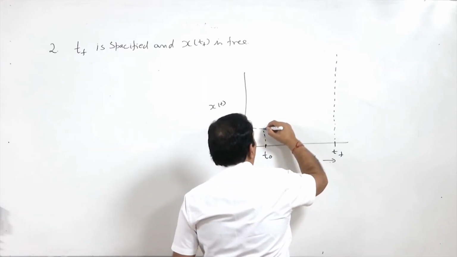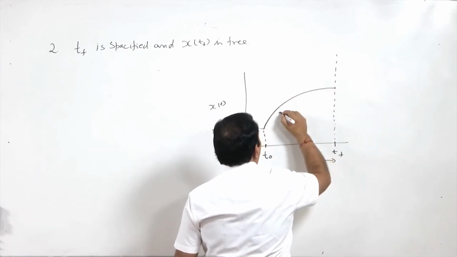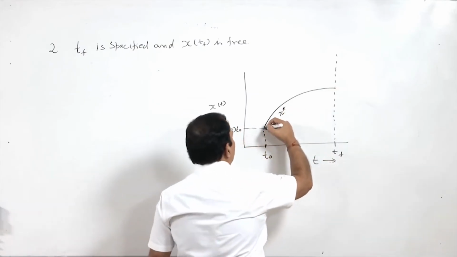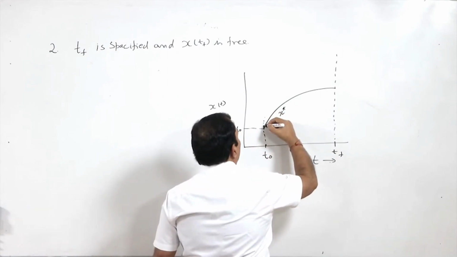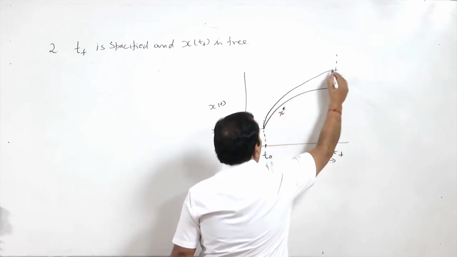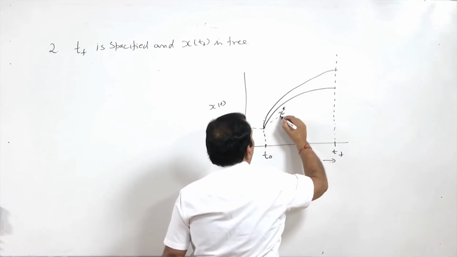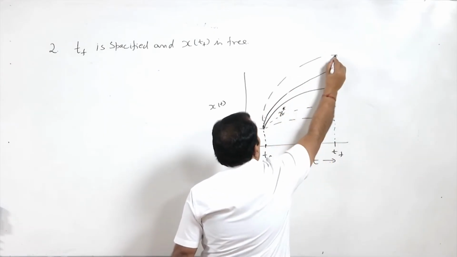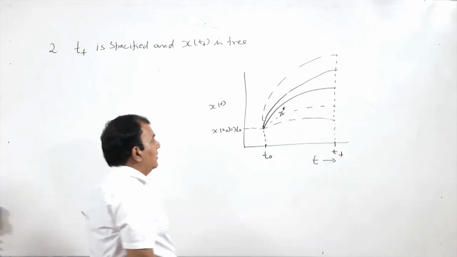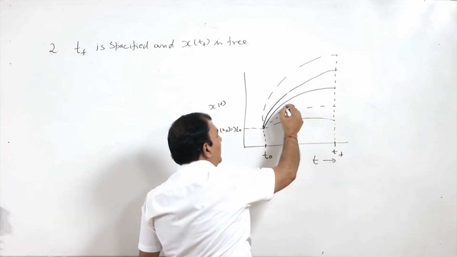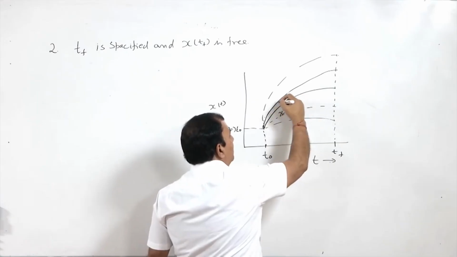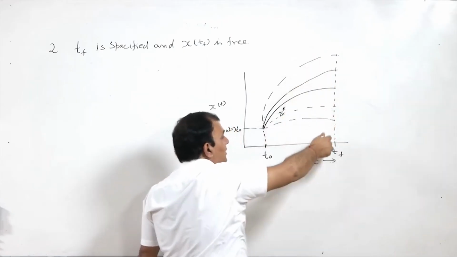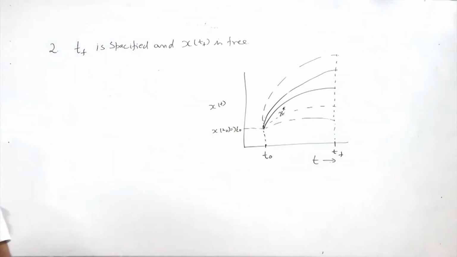Let us say this is my optimal trajectory x star. By the variation of this, it can terminate at any point, because my x of tf is free. So, if there is a variation on the x star, my final trajectory can terminate at any point on the Tf line.